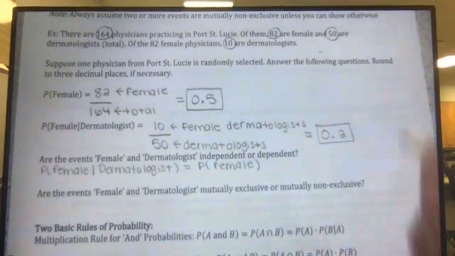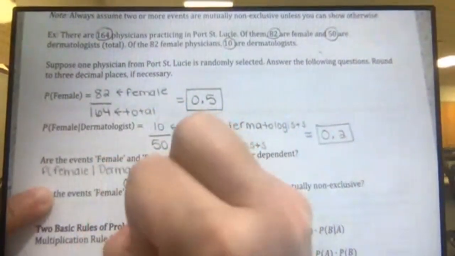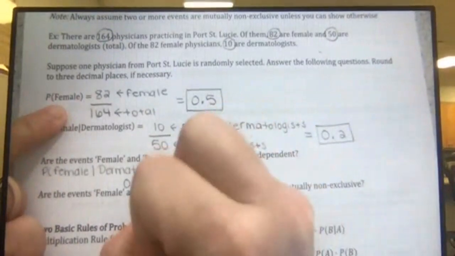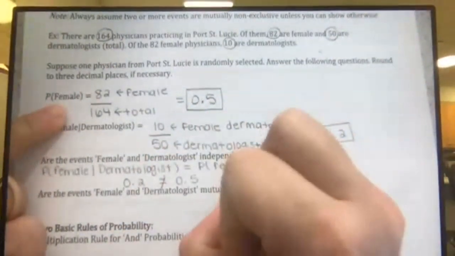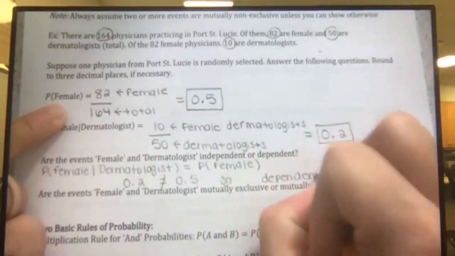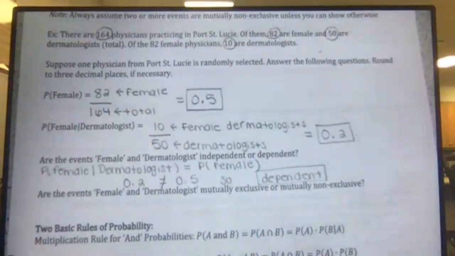We already found these, thankfully. The probability of female given dermatologist is 0.2. Is that the same thing as the probability of female, which is 0.5? Not the same thing, so that means dependent. Not equal, so dependent.